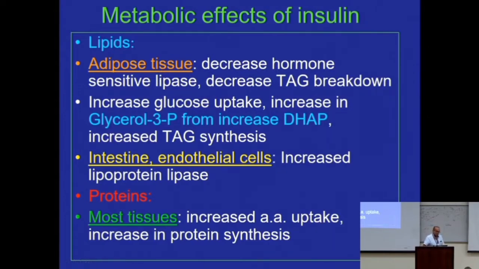Now, the effect of insulin on lipid metabolism. Let's start with adipose tissue. You remember, adipose tissue is where we store a lot of TAGs. The adipocyte is roughly 80% TAGs.